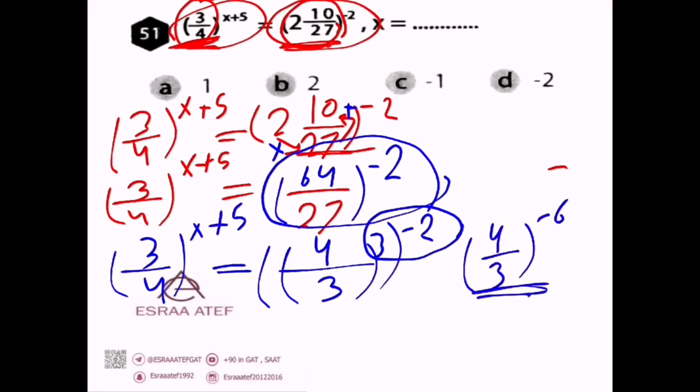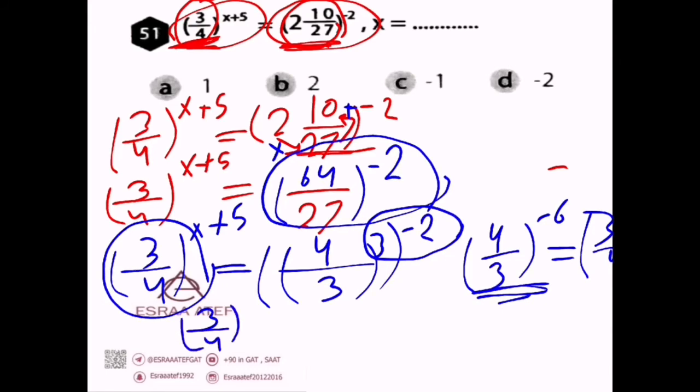Okay, now we have this fraction. How can we convert it to be 3 over 4 like this one? We can switch it, so it will be 3 over 4 powered by 6. Okay, so now they are the same. 3 over 4 powered by x plus 7 equals 3 over 4 powered by 6.